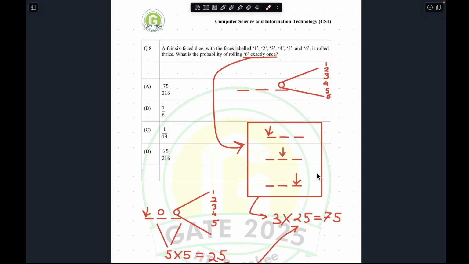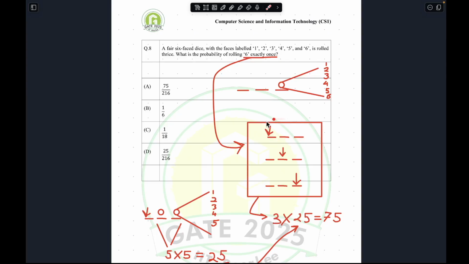From that assumption you can see that the number of permutations for this arrangement would be exactly the same as for the other arrangements, because these blocks are equivalent and there are 3 of them. So if we calculate the number of permutations for this, we can directly multiply that by 3, and that gives the number of permutations for exactly one 6.